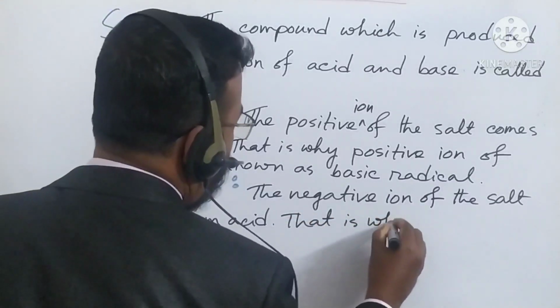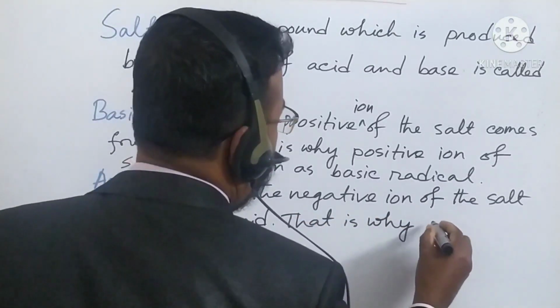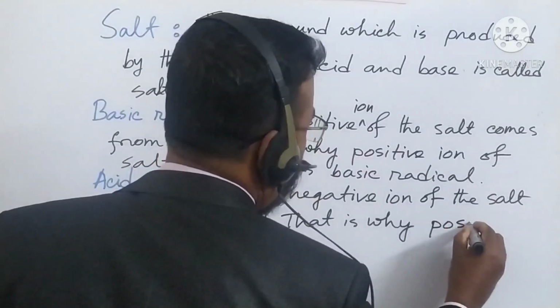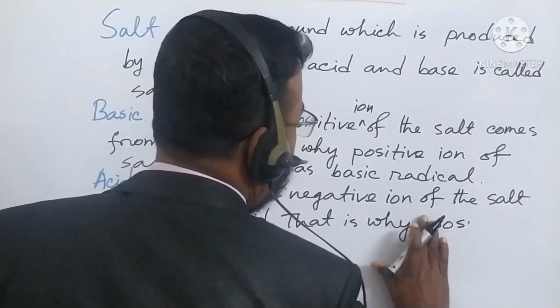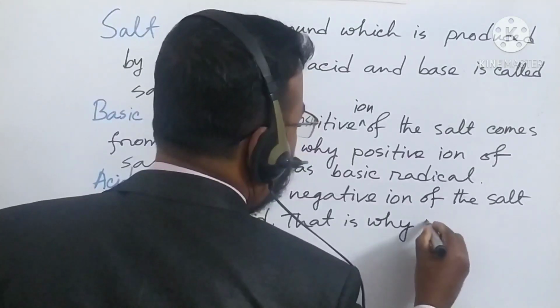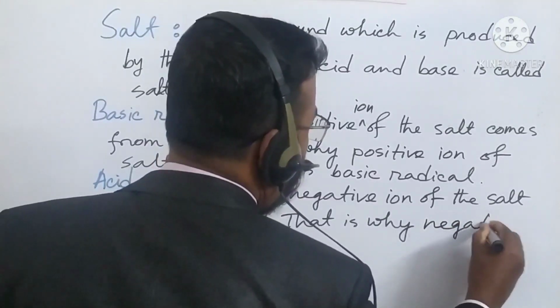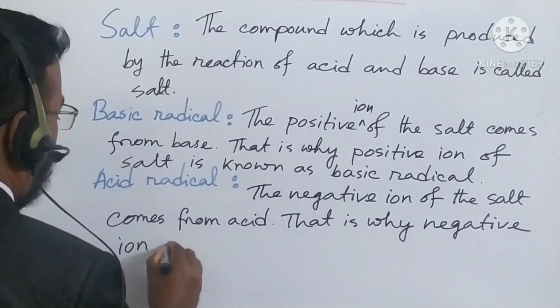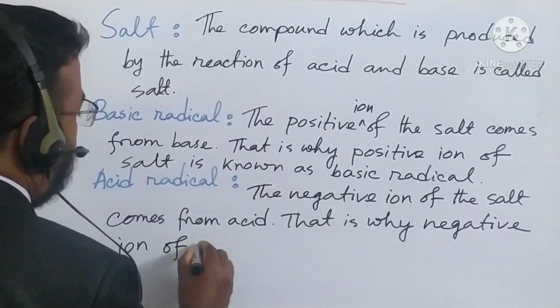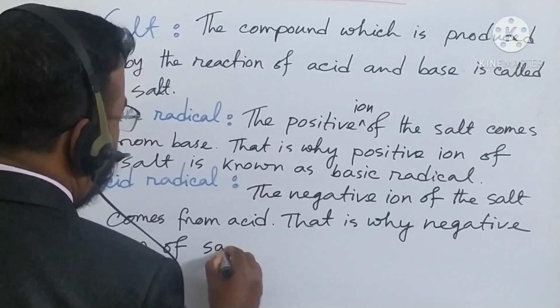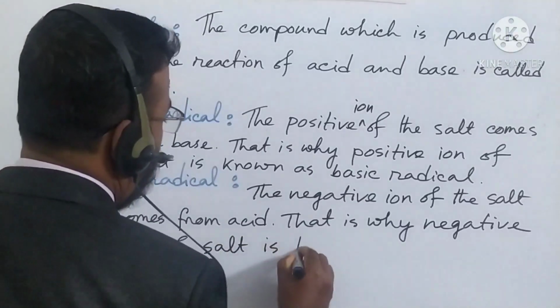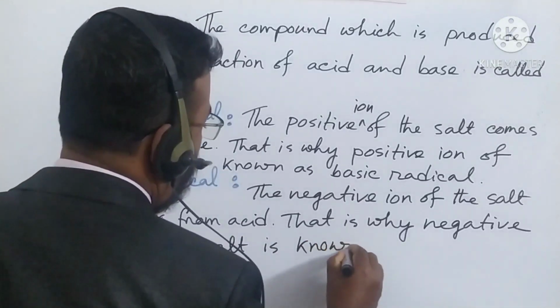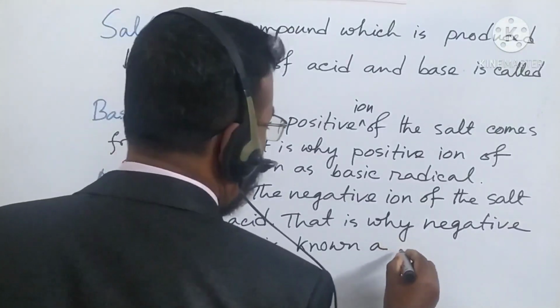That is why the negative ion of salt is known as acid radical.